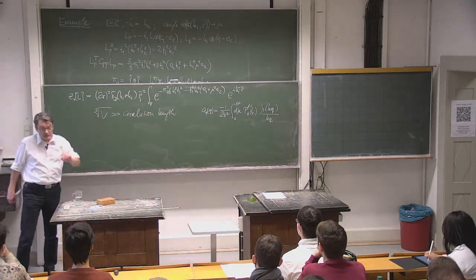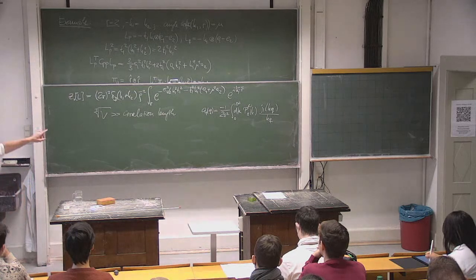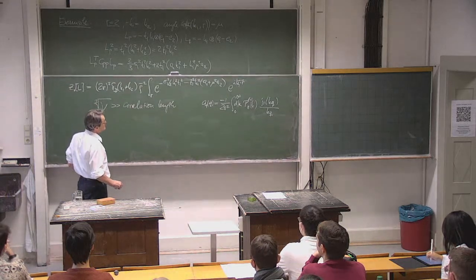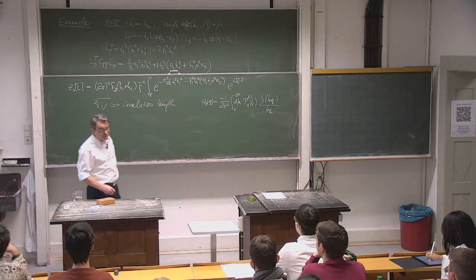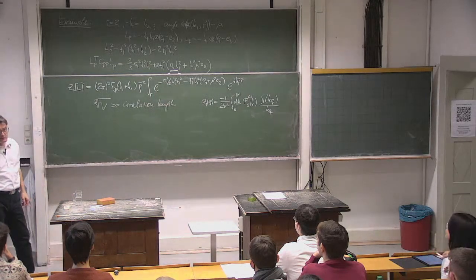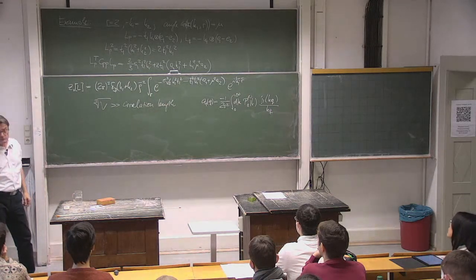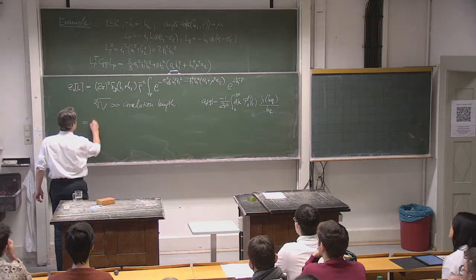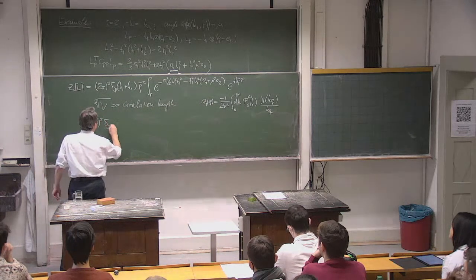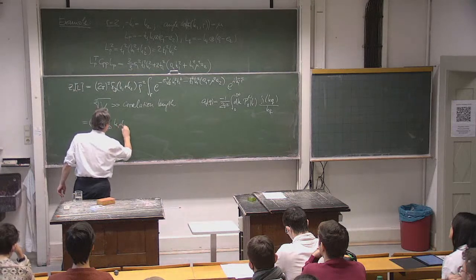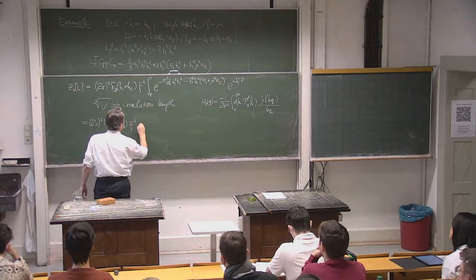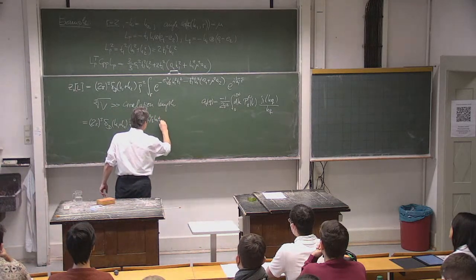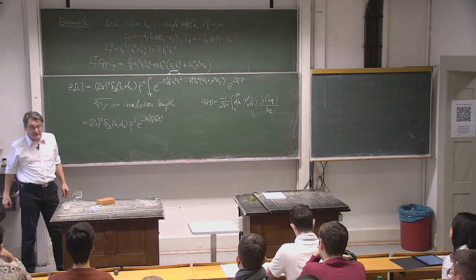Now, usually it is a good idea to not use this expression in this way, but to do something else. First of all, it is convenient to factor out this Gaussian that does not depend on the radius anymore, right? Because this is just a constant factor for the integral. So then you have this Gaussian prefactor here.